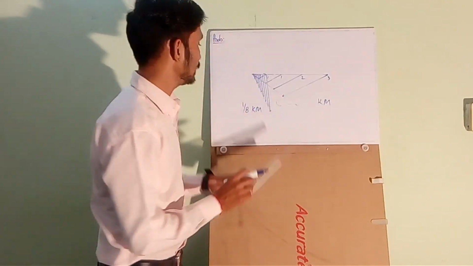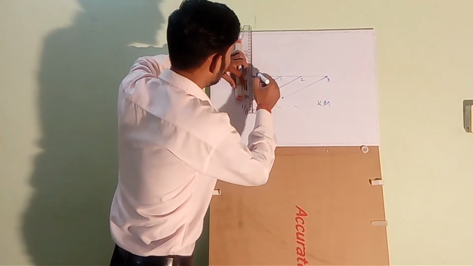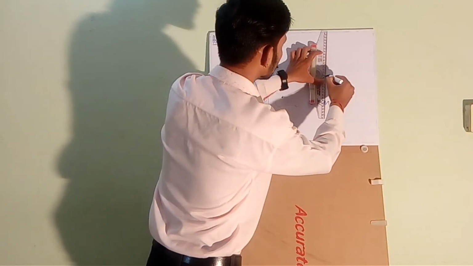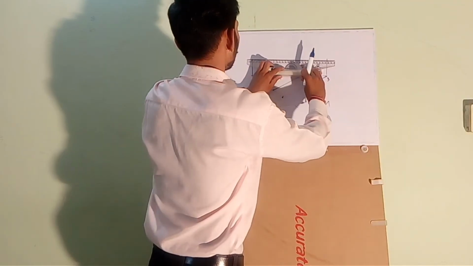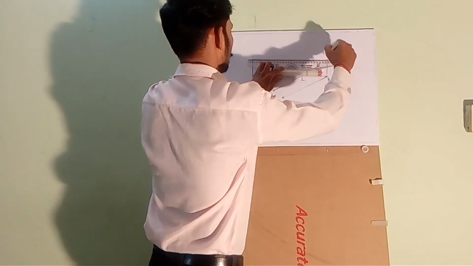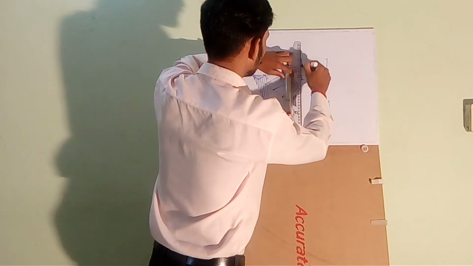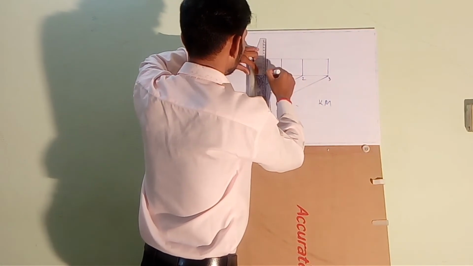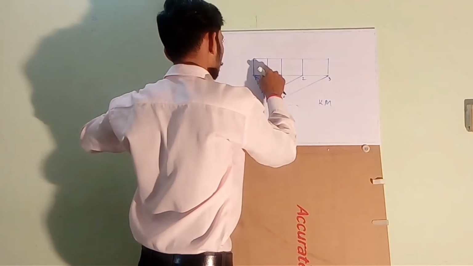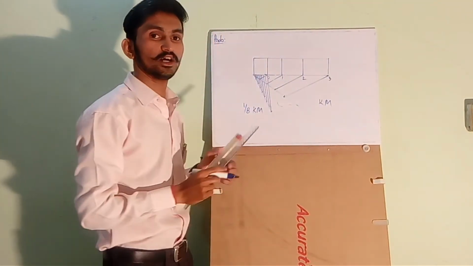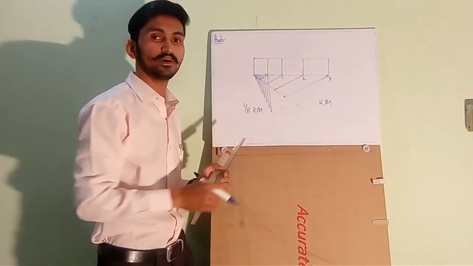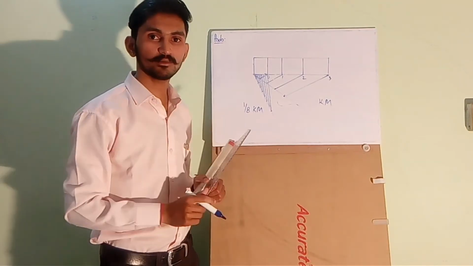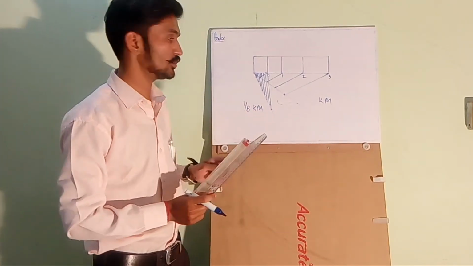The method is pretty simple. Draw a line of 5 centimeter. Now divide this vertical 5 centimeter line into 5 equal parts, because we have to show the 1/40th of a kilometer.